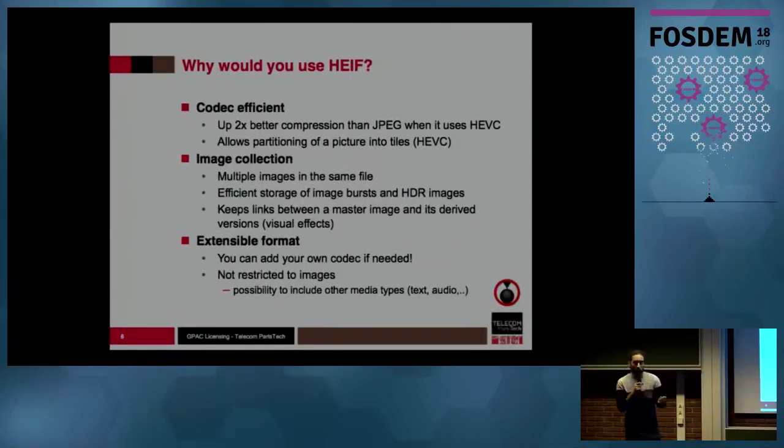It keeps links between a master image and its derived versions. And it's an extensible format. You can add your own codec if needed, and it's not restricted to just images. You have the possibility to include other media types like text and audio.